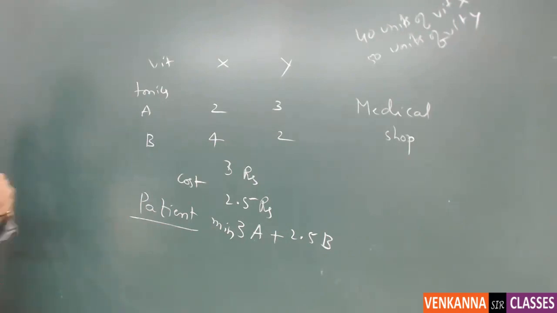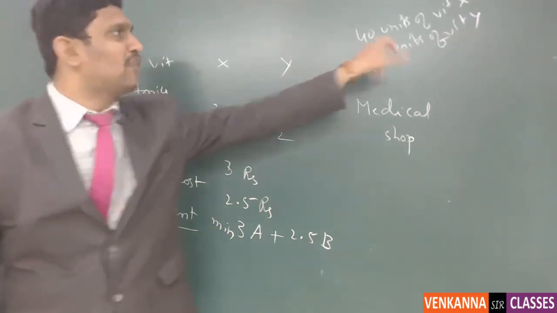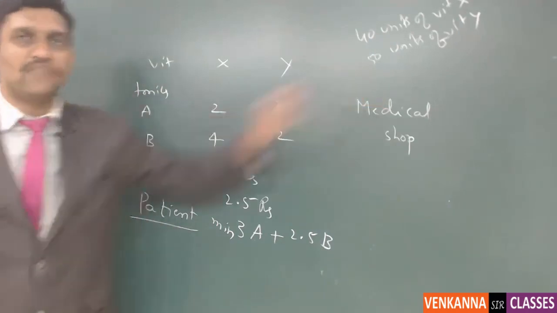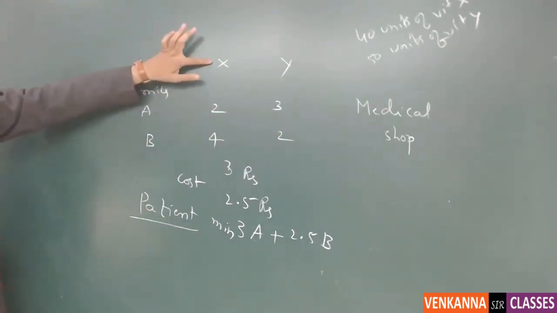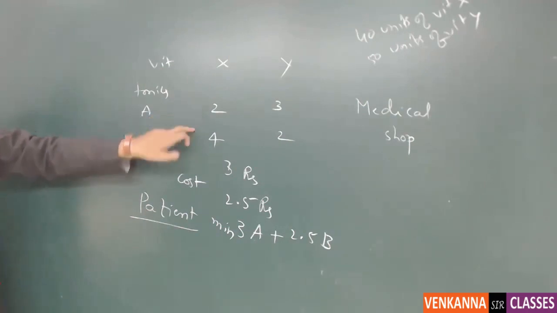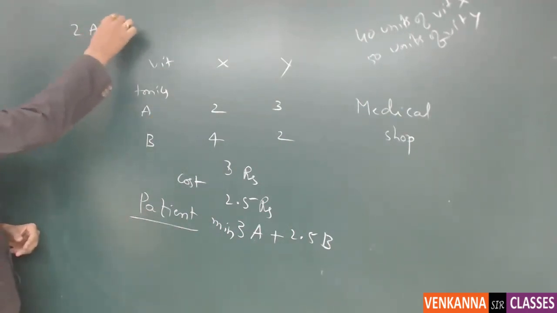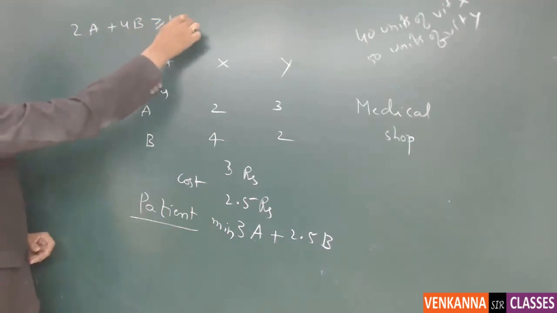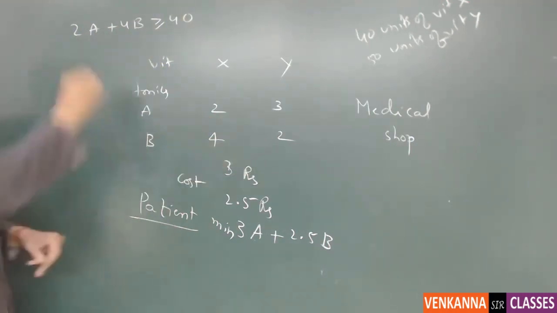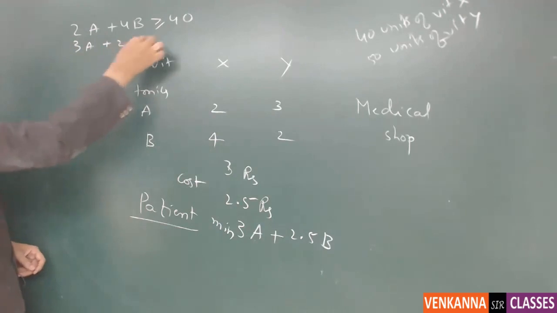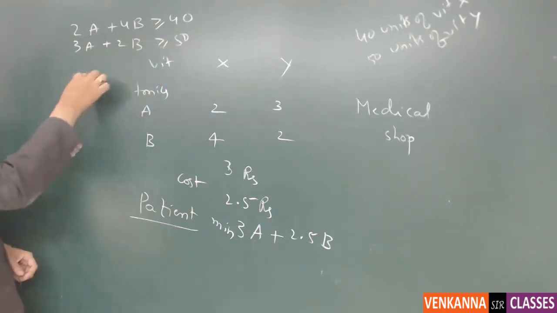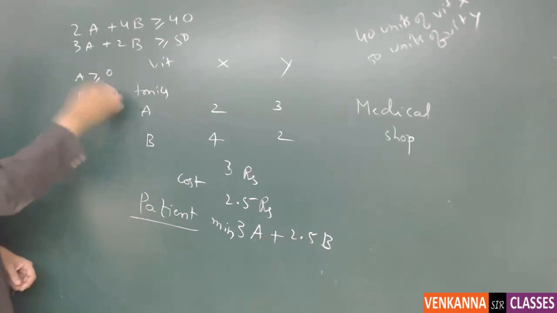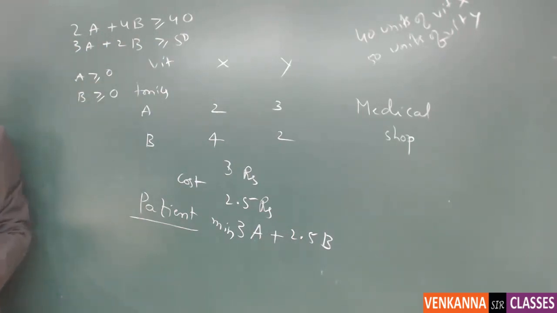He mentioned at least 40 units of vitamin X and 50 units of vitamin Y. X is presented in this portion as 2 and 4. So 2A plus 4B must be greater than or equal to 40, and 3A plus 2B must be greater than or equal to 50, where A, B are greater than or equal to 0. Accepted to all in formulation of the content? Any queries in formulating this?